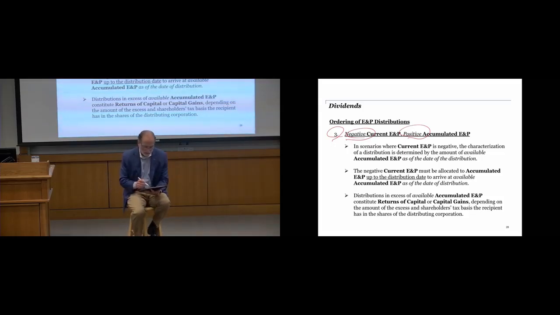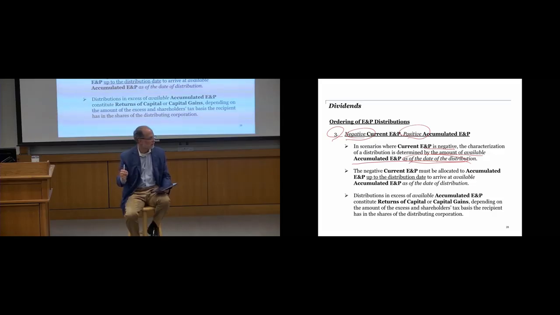So, in scenarios where current E&P is negative, the characterization of a distribution is determined by the amount of the available accumulated E&P projected as of the date of distribution. That's the key in this third bucket. I have to advance my accumulated E&P from the beginning of the year to the date of distribution.